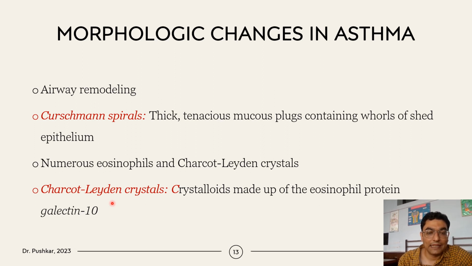So this galectin 10, it feels like some kind of galaxy. This leads to the formation of Charcot-Leyden crystals. You can learn by the ACC cement: A for asthma, C for Curschmann spirals, C for Charcot-Leyden crystals. Okay, so ACC cement, all this is the morphological changes.